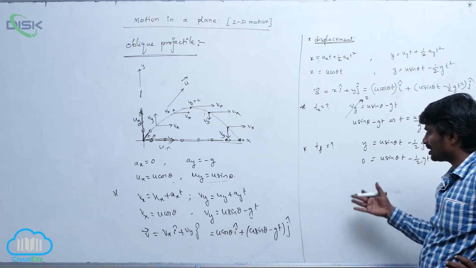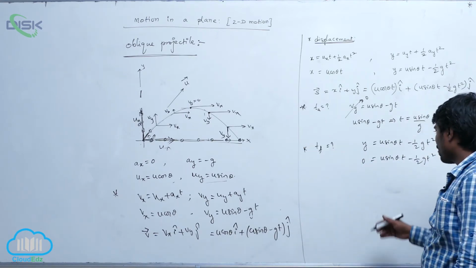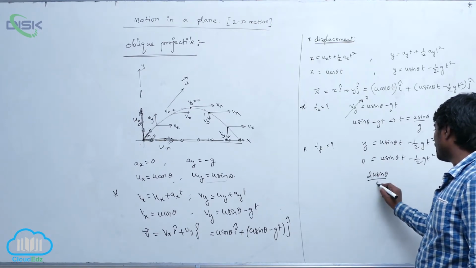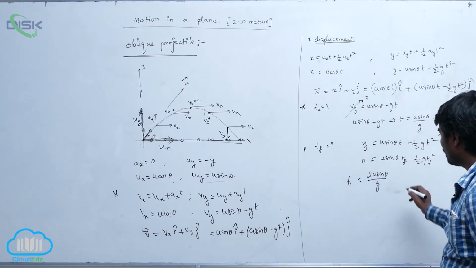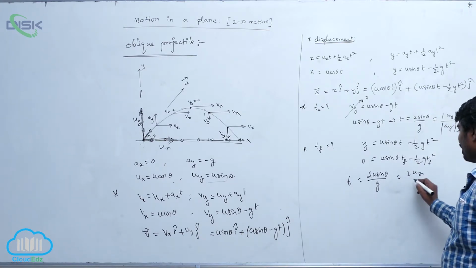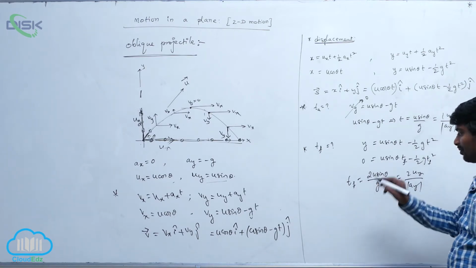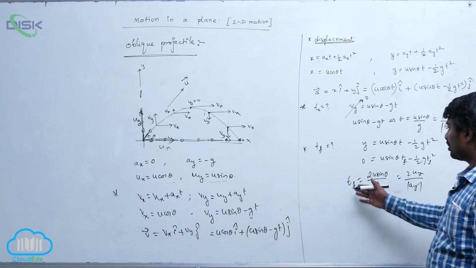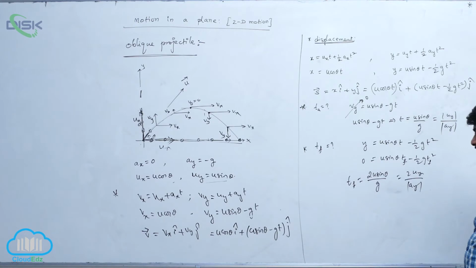At t equal to 0 it is possible, that means initially, and at some other value of t. So what do you write? 2u sin theta by g is equal to t. This we call the time of flight, that is 2uy by ay. Time of descent means time of flight minus time of ascent, that is uy by ay.